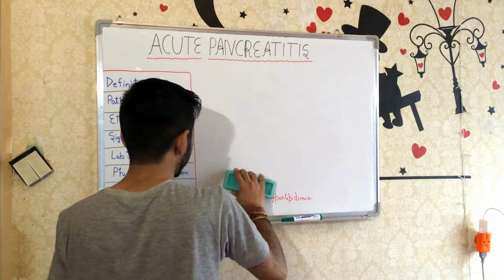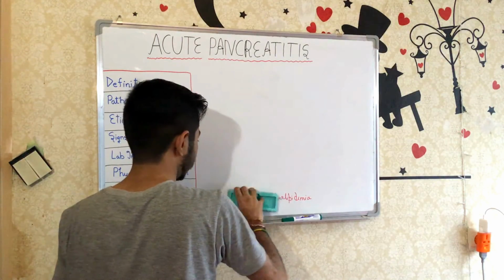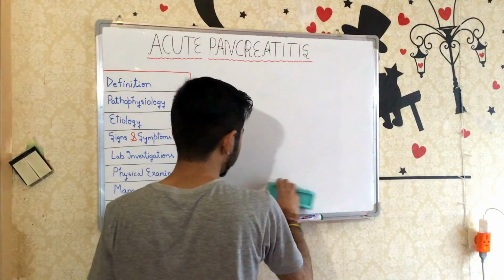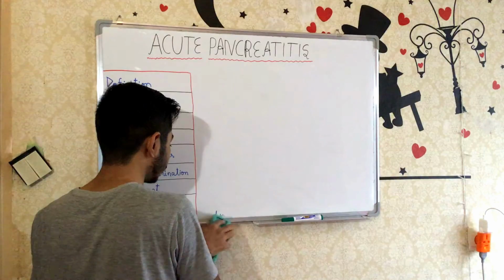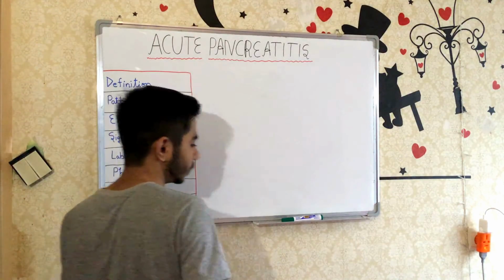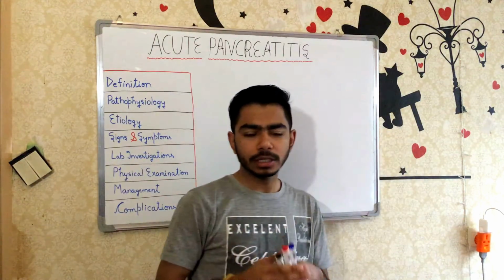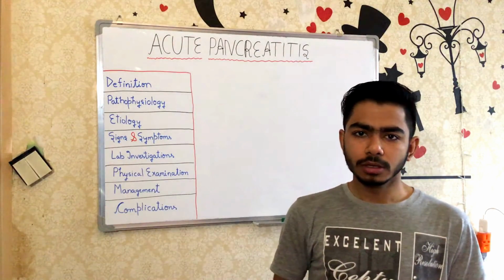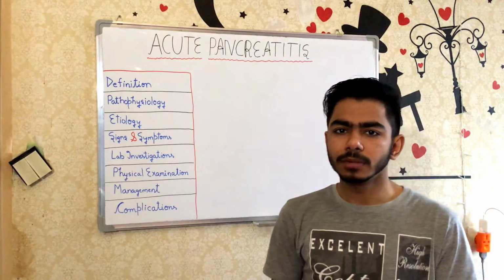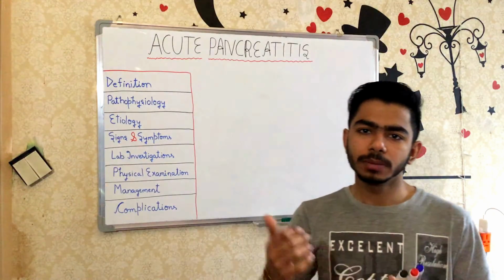Actually, these patients don't want to eat, and they should not eat anything. Because as they eat anything, we need to digest the food, and for the proper digestion of the food, we need some enzymes which are secreted from the pancreas.